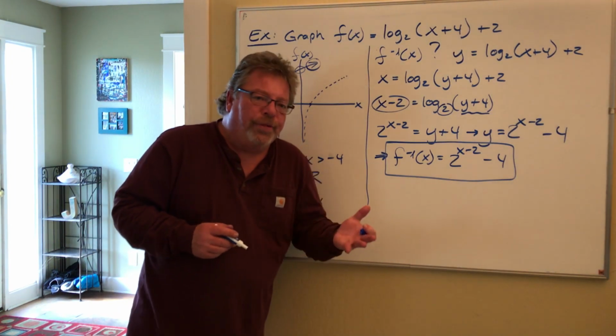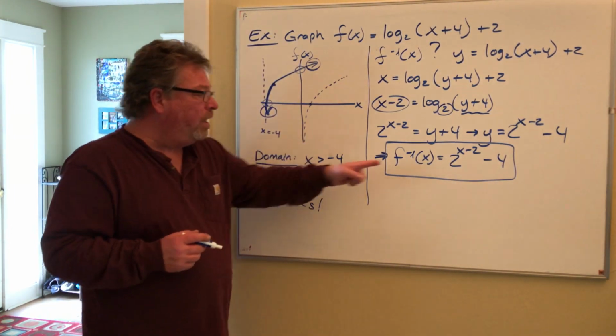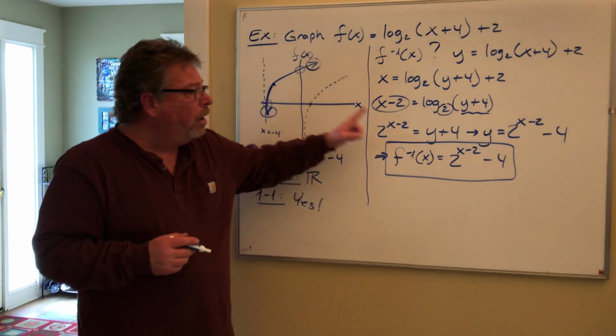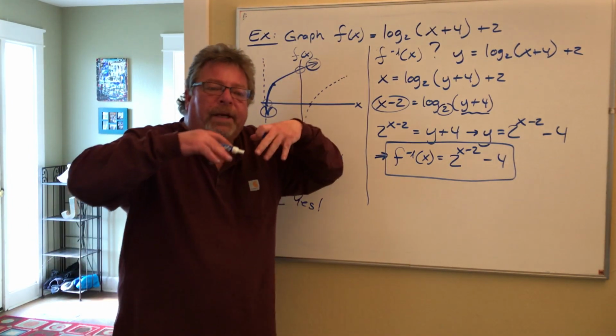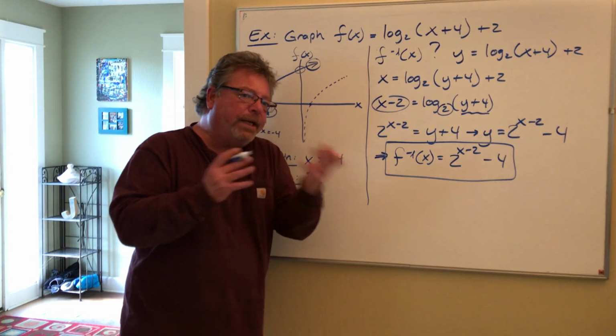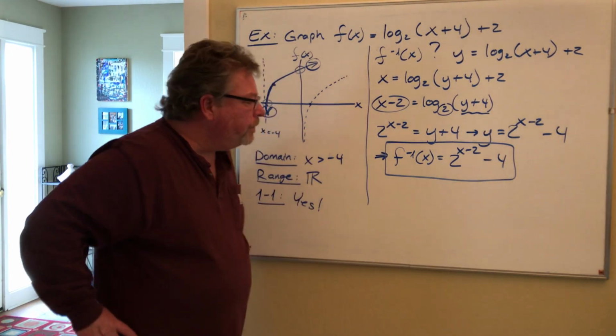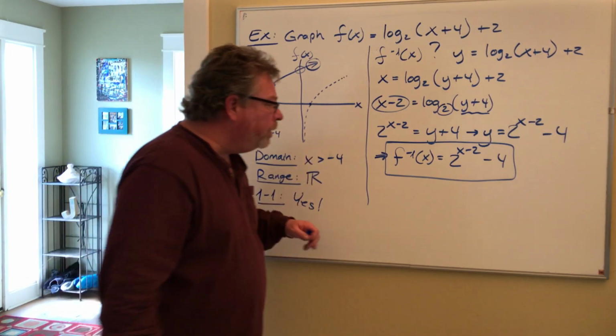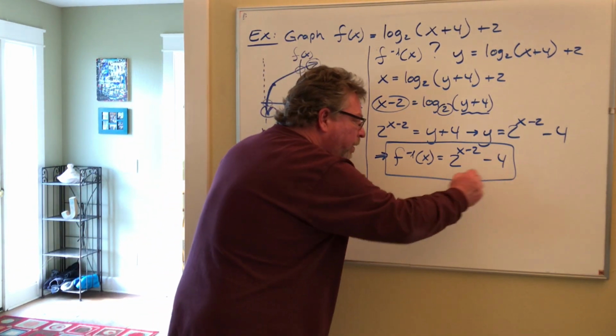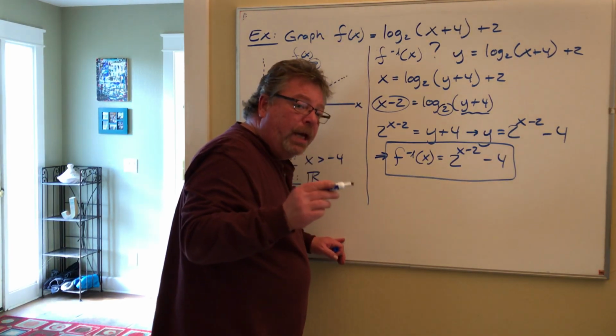I'm not going to do that here. It might also be nice to graph this on the same set of axes as f of x and make sure that we see that reflection across the line y equals x. I'm not going to do that. But what I am going to do is come over here and talk about domain and range.